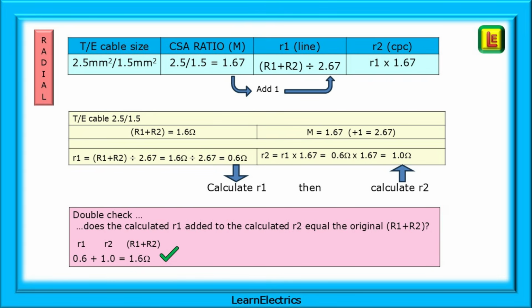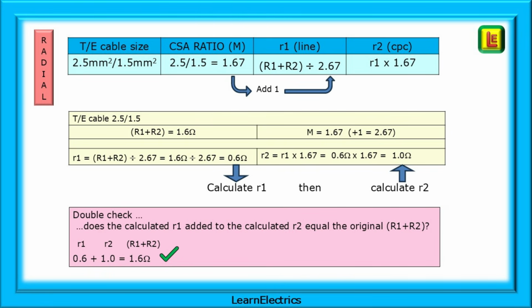Starting with the blue box, find the CSA ratio for 2.5 by 1.5 twin and earth, which gives us M as 1.67. Divide the effective resistance, R1 plus R2, by 1 added to the M number, and this will give little r1. Then multiply little r1 by the multiplier on its own. So, to the yellow box now.